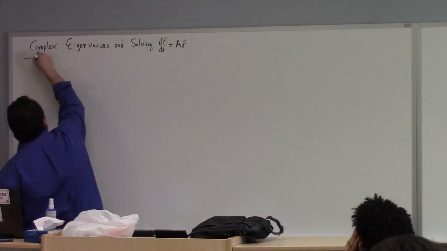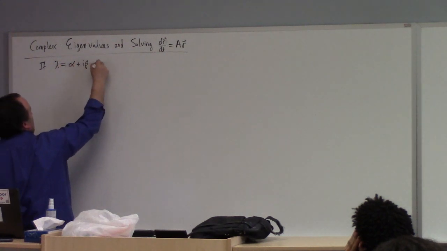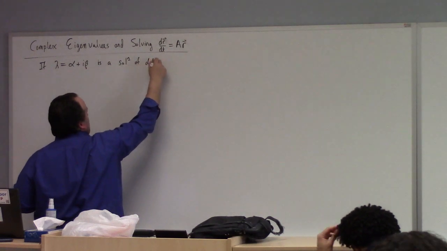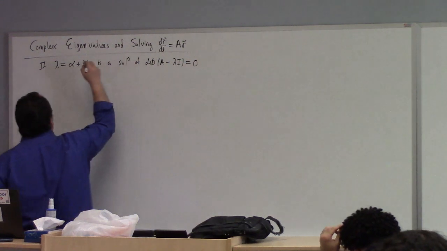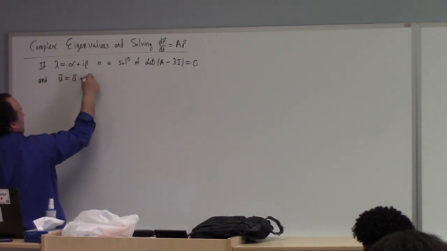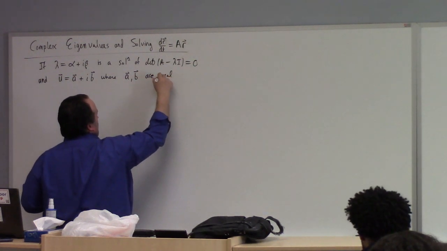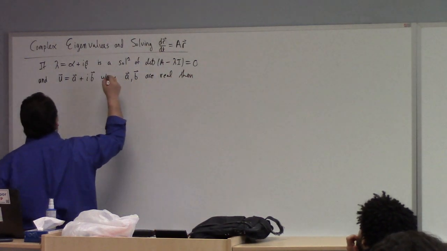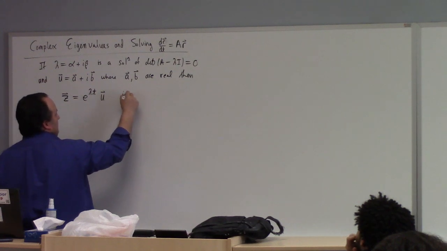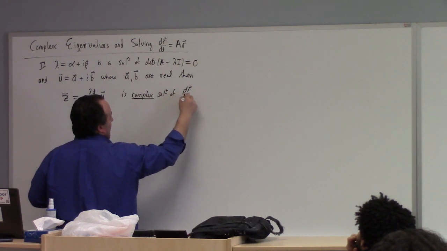All right, so here's the deal. If lambda equals alpha plus i beta is a solution of the determinant of A minus lambda I equals 0, and we have that the u vector is a plus ib vector, where a and b are real, then the z vector equal to e to the lambda t times u is a complex solution of dr/dt equals Ar.